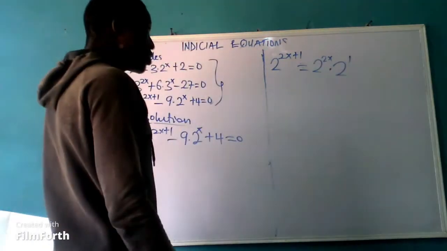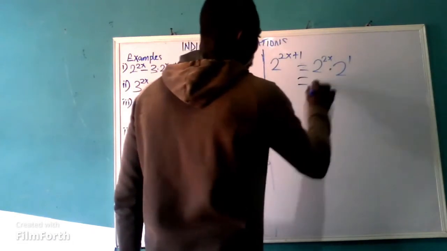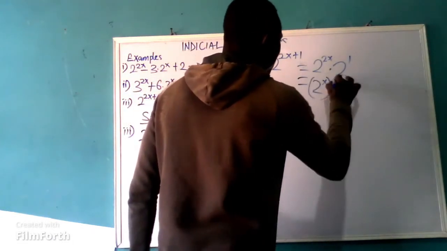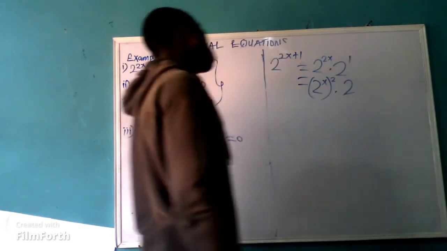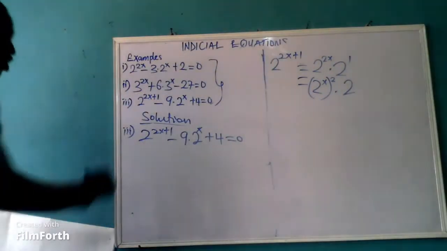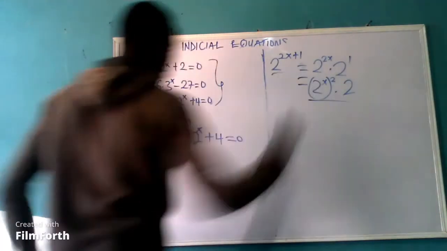This can still be written as 2 raised to power x, in brackets, everything raised to power 2, times 2 raised to power 1. Of course, 2 raised to power 1 is 2. So you replace this in the equation.